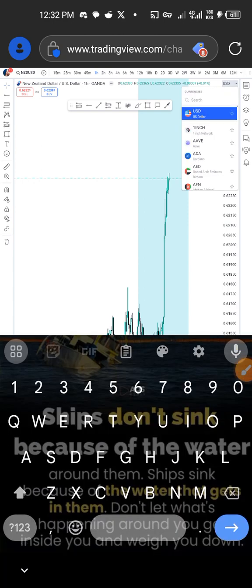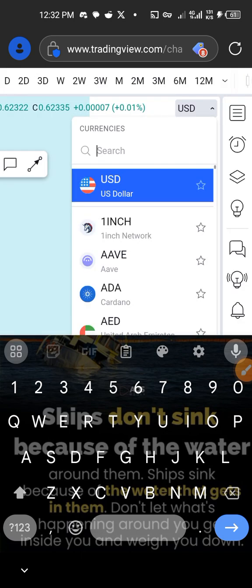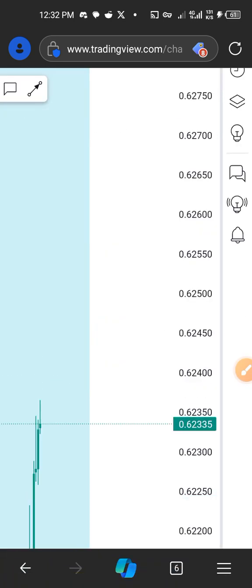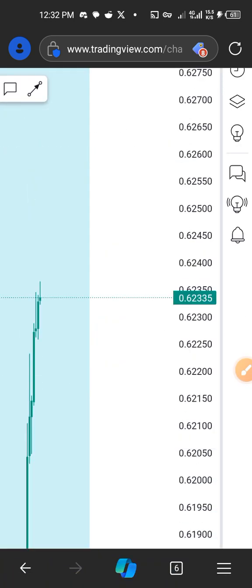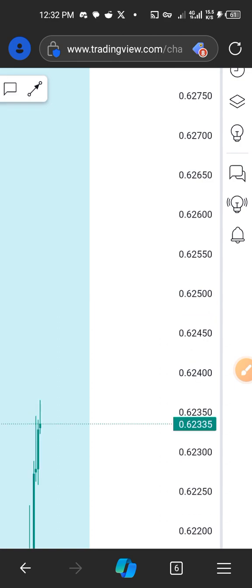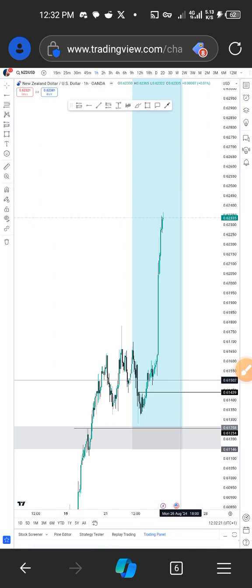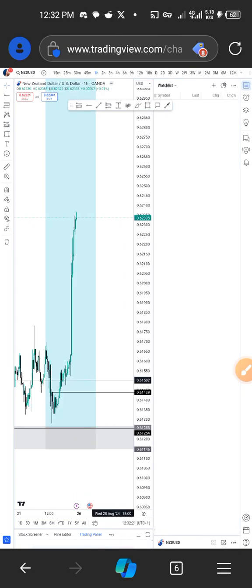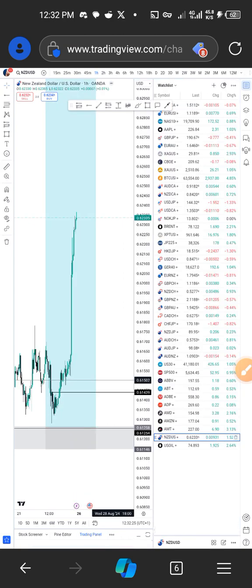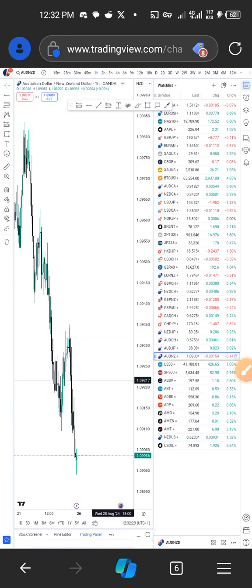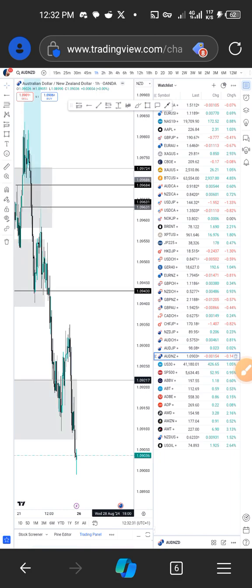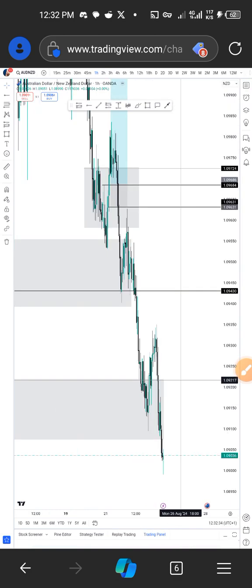All these shares sell, I think I took a trade on all the NZD. Yeah, I was looking for buys, and price kept dropping and dropping and dropping.